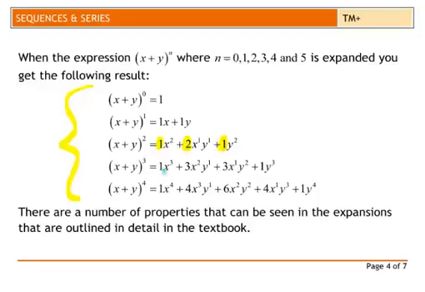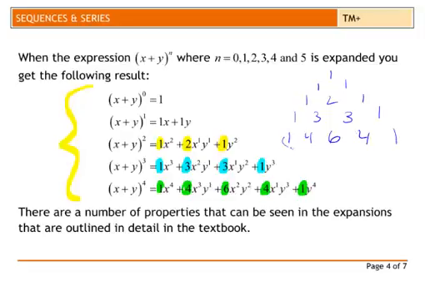If you look at x plus y to the power of 3, look at the coefficients. Next one, again, look at these coefficients. Then look at the relationship to Pascal's triangle. And you should see that those coefficients match Pascal's triangle.